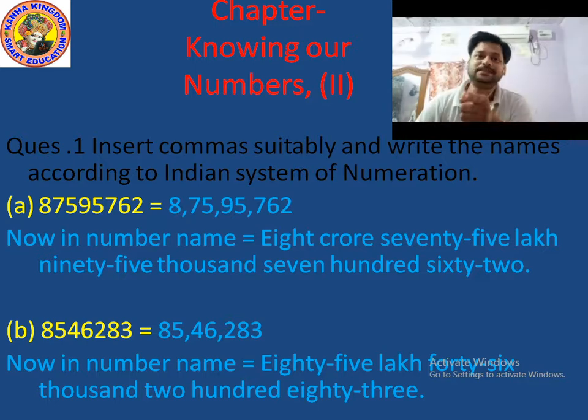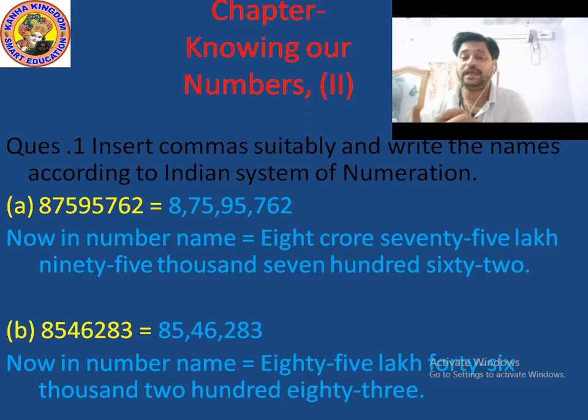So which digit is in the 10,000 place value? 9 is in the 10,000 place value. And which digit is in the thousands place value? 5 is in the thousands place value. So how can we read the thousands period? 95,000. And before the thousands period is the ones period.